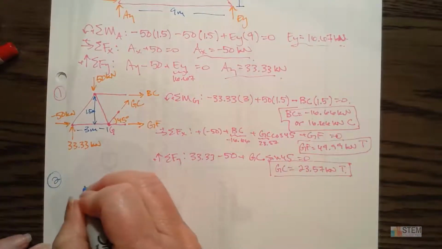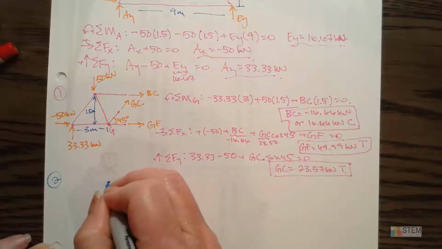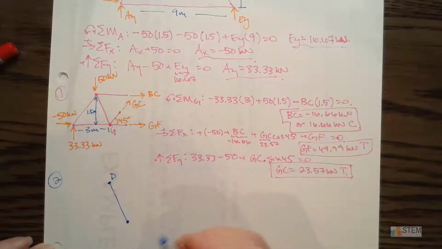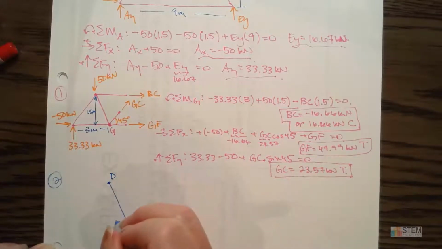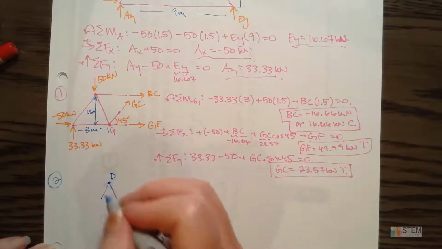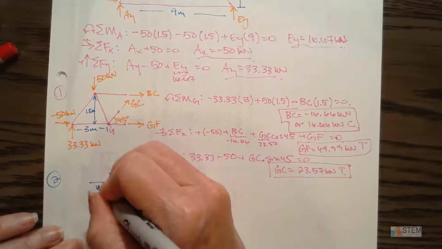Okay, so let's see, this is point D right there, and then we've got joint E. And now we got that roller at E, remember, so we got 16.67 kilonewtons coming up there. And then we're cutting through EF, we cut through DF, and then we cut through CD. And that's 45-degree angle there.